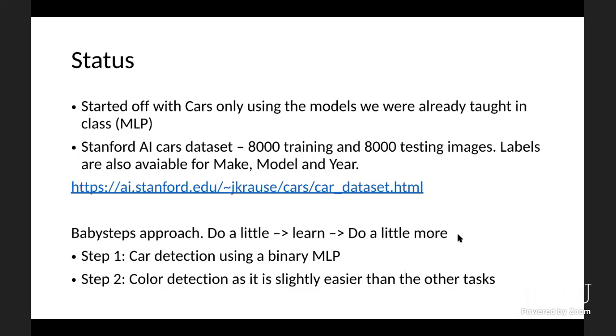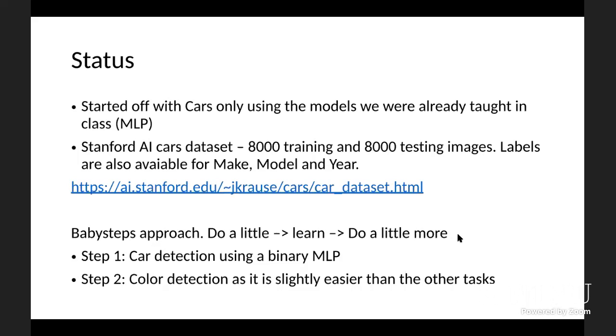It's a binary MLP. It's very basic. Step 2: I finished step 1 with a reasonably okayish accuracy. It's very poor, I'll show you in the next slide. For color detection, I have an idea, but I want to discuss this with you and put it up on the board and maybe receive your comments and criticism.